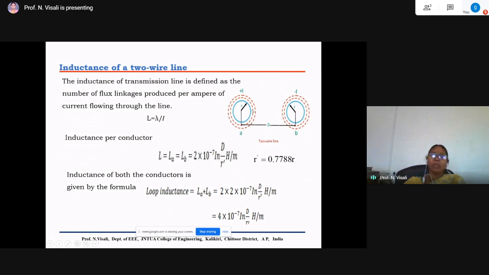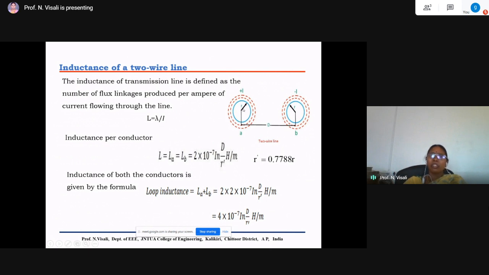Suppose 1 ampere current is flowing through the conductor, how much flux linkage is going to be produced in that conductor. That ratio, the flux linkages divided by the amount of current passing through the conductor, will give the value of inductance. So L is equal to lambda by I. And this is a simple calculation.